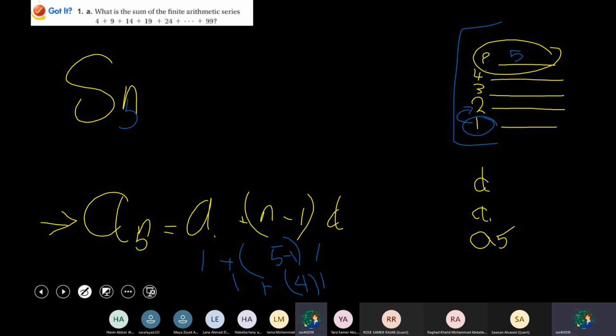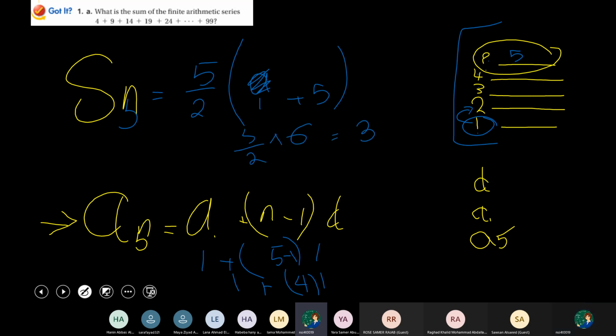I can say S of 5 is 5 over 2 times a1, which is 1, plus the last term, which is 5. So 6 times 5 over 2 is what? No, sorry, 15. So we have now 15 girls in the class.